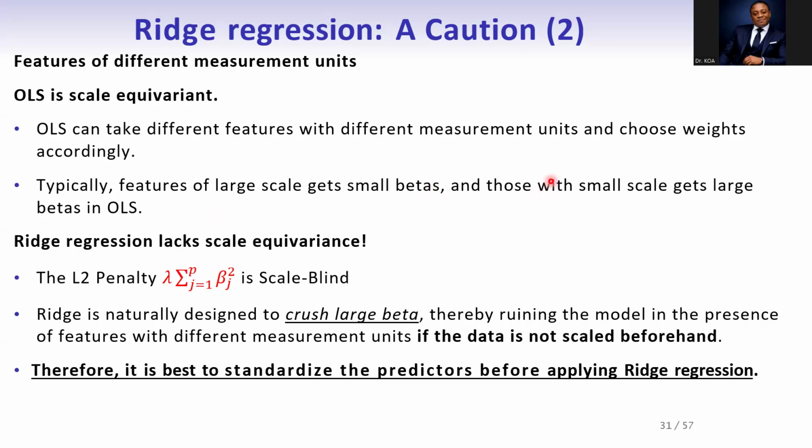And then the features with small scale get large betas. So this is very important. So sometimes you estimate some things and then you come to realize that when you look at the data set, it shows that this GDP is in billions. But then when you come to the regression coefficient, you see that the coefficient is 0.011.